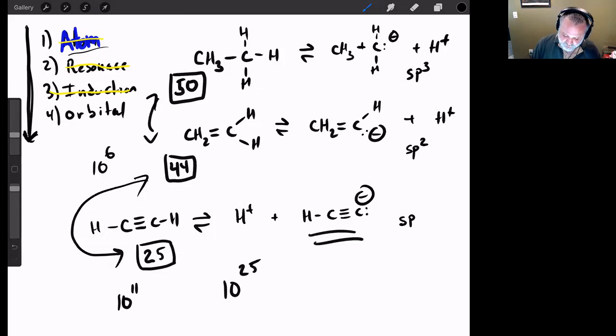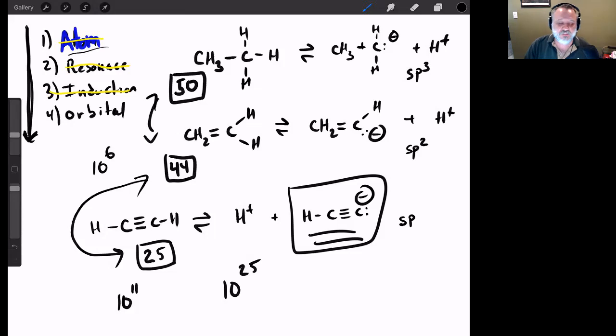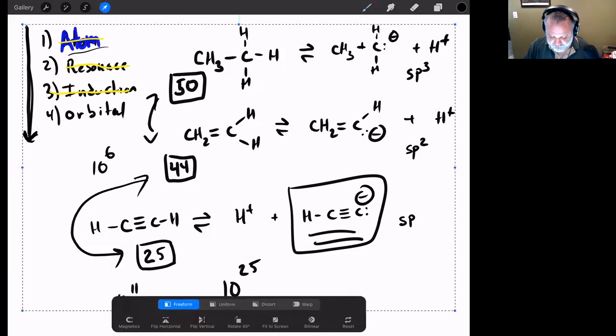The negative charge of the alkyne is an alkanide ion. And so this is how orbital is affected here. Generally, the sp hybridization is more stable than sp2 hybridization, which is more stable than sp3 hybridization.